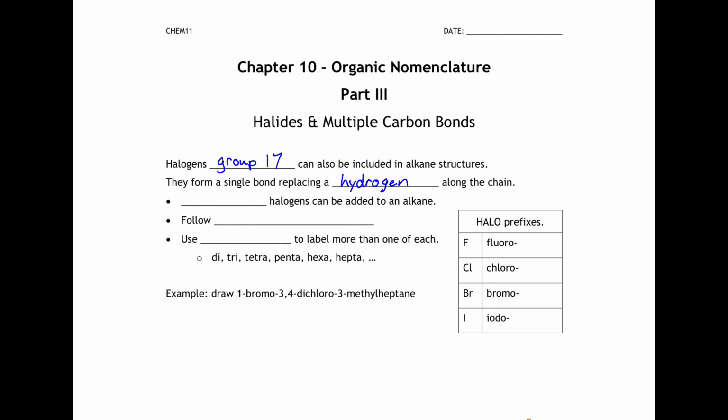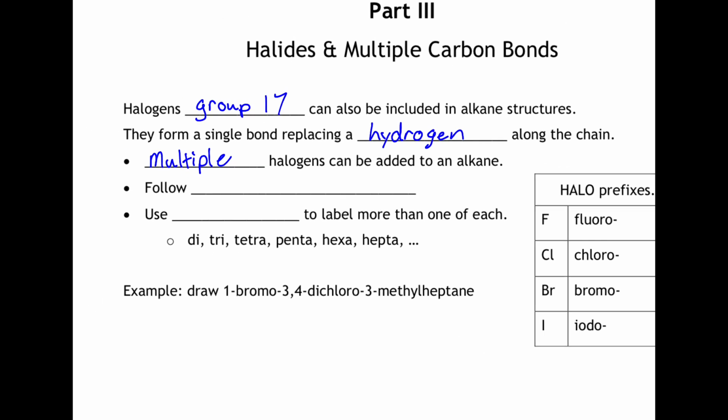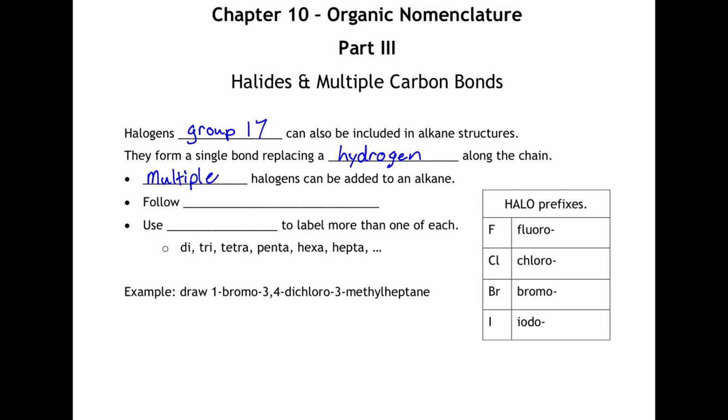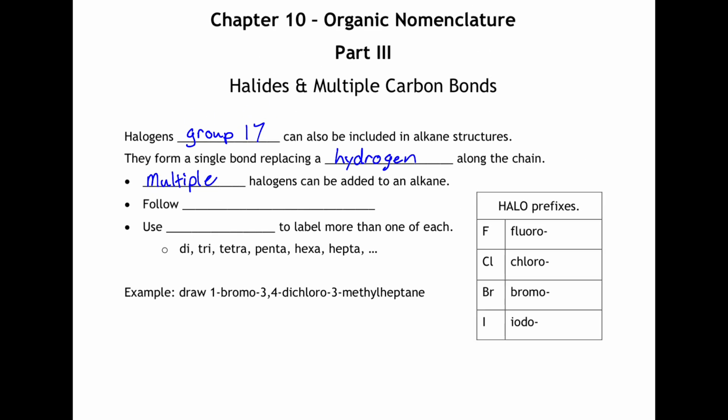You can add many of them, so multiple halogens can be added to the alkane. You can fill it as full as possible. Let me just slide that to where it looks nice there. We still follow the alphabetical order rule, and so that allows us to put the words in the right order.